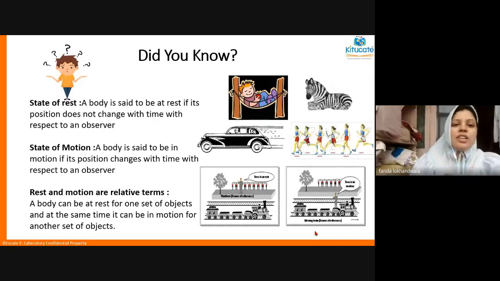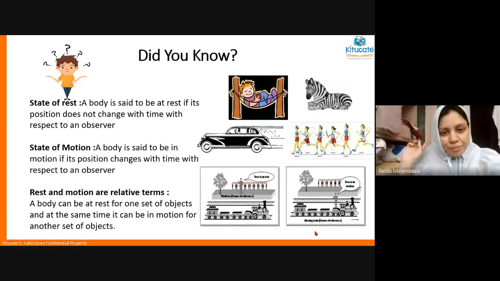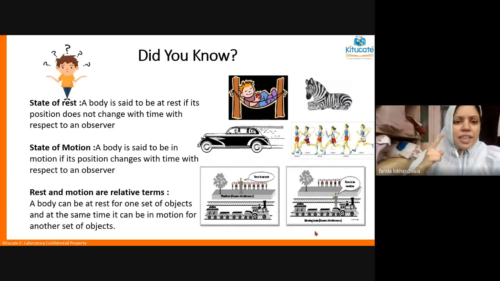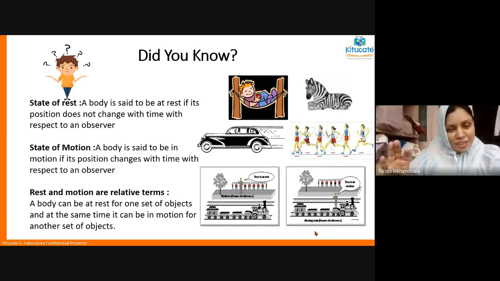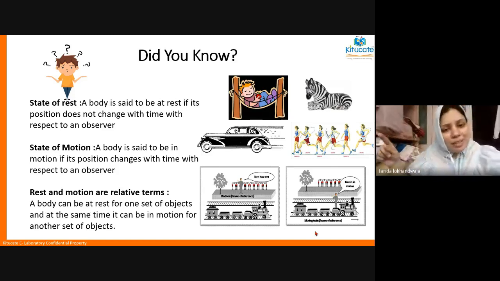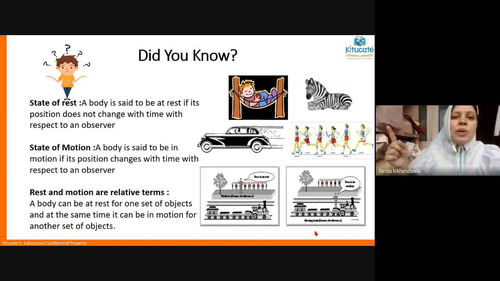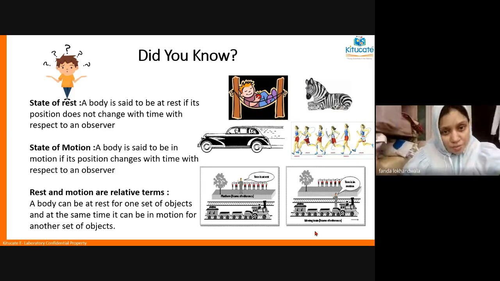One observer is on the train and one observer is off the train. The observer who is off the train will see you in two states. When the train has stopped at the platform, he will see you in a state of rest. The minute the train starts moving, he will see you in a state of motion.